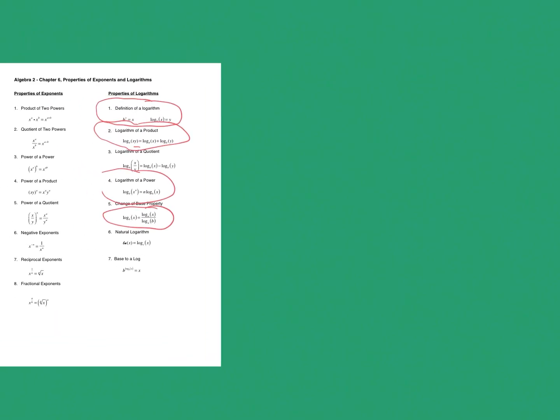Let's say we have something like log 3 of 27 equals x. Well, that's saying, hey, 3 to the x equals 27. And you might know that x equals 3, because 3 times 3 is 9, times 3 equals 27. So 3 to the third equals 27.